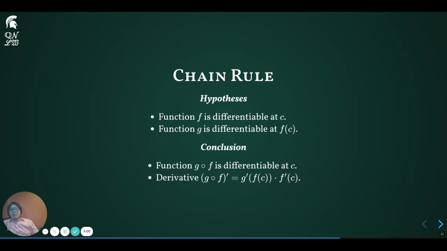So g composed f is differentiable at the same point c where f is differentiable. Furthermore, we have a formula for its derivative. The derivative of g composed f evaluated at the point c is equal to g prime evaluated at f of c multiplied by f prime evaluated at c.